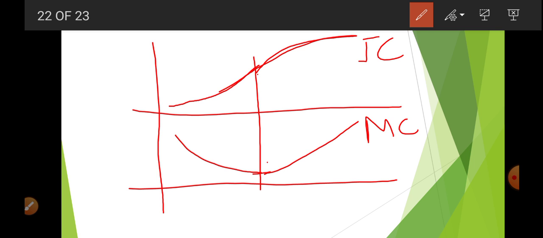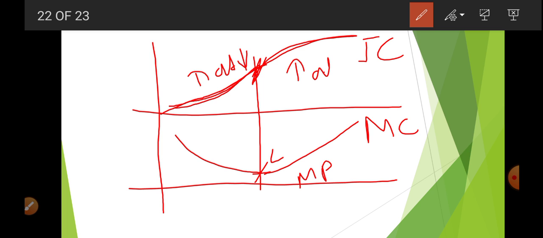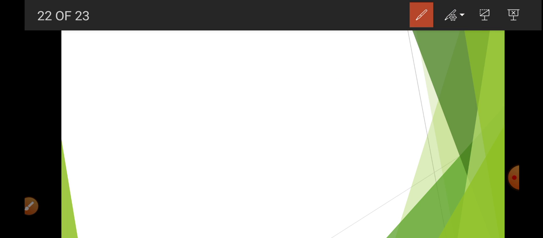It is the L point, the minimum point of MC. Now TC initially increases at a diminishing rate, then increases at an increasing rate. So that is what we have learned here. Thank you for today, student.